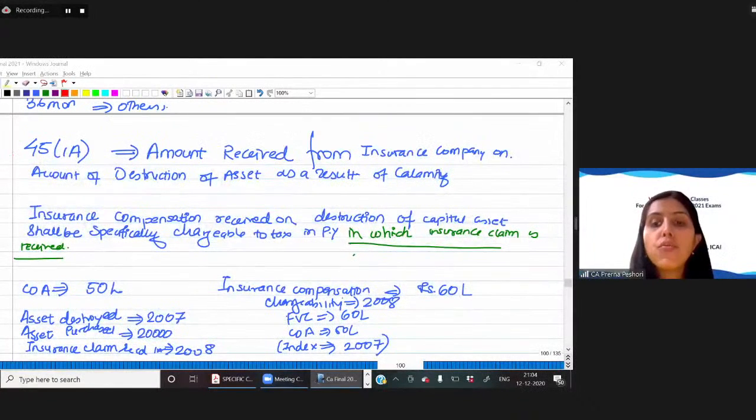Insurance compensation received was 60 lakh. Cost was the cost of the asset at which the asset was purchased. Clear, Chavi? Any other doubt? Perfect, Chavi.